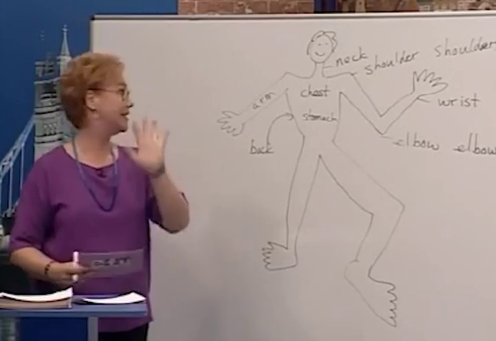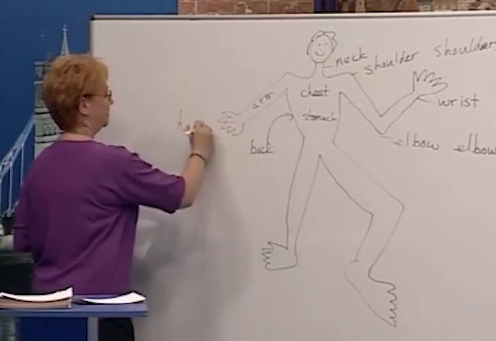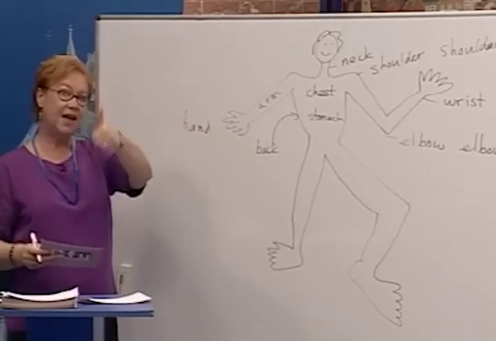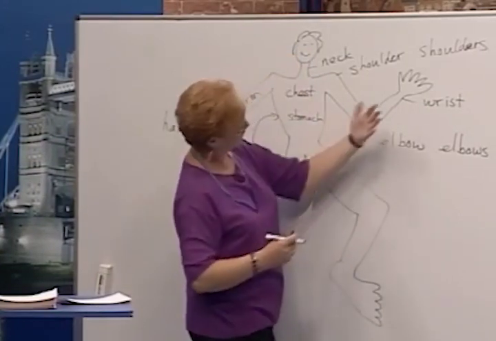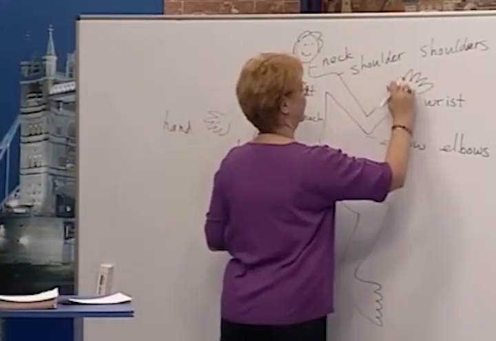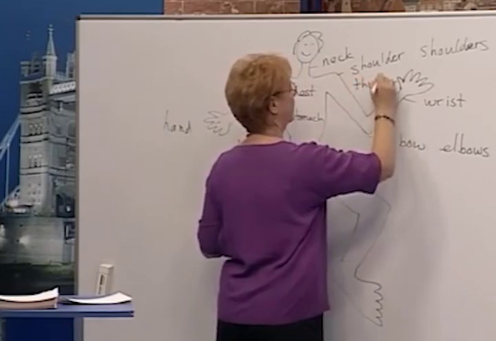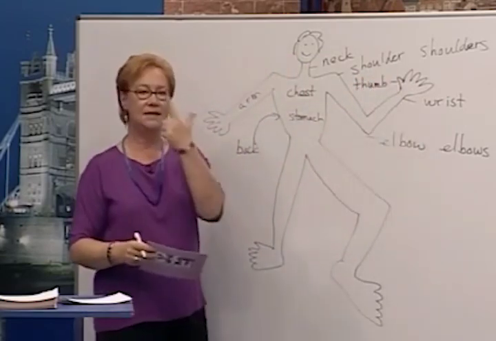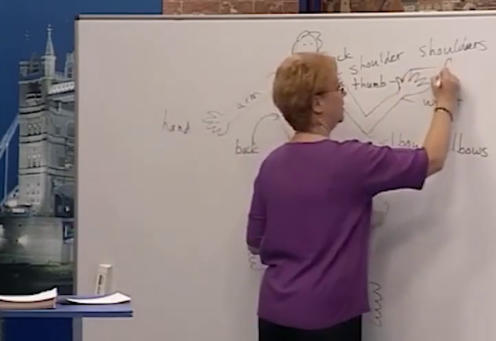Let's look at the hand. All right? This is the hand. This is the thumb. This isn't a very good thumb, is it? Let me see. This is the thumb. And this is a finger.